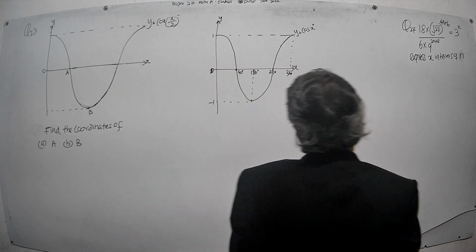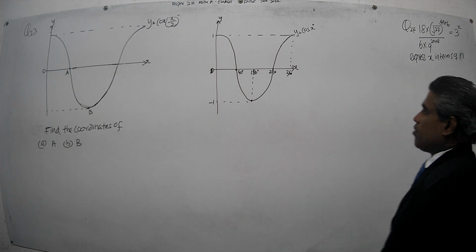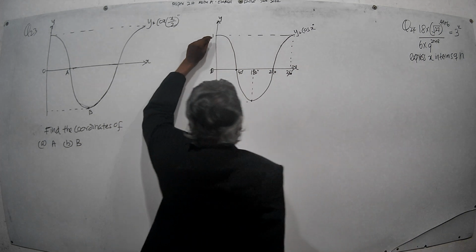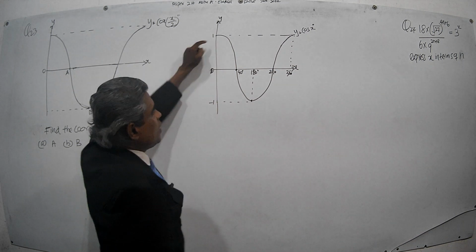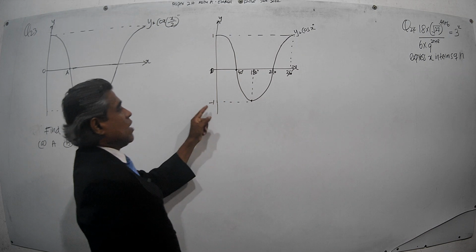The maximum y value of this graph is positive 1 and the minimum y value is minus 1.